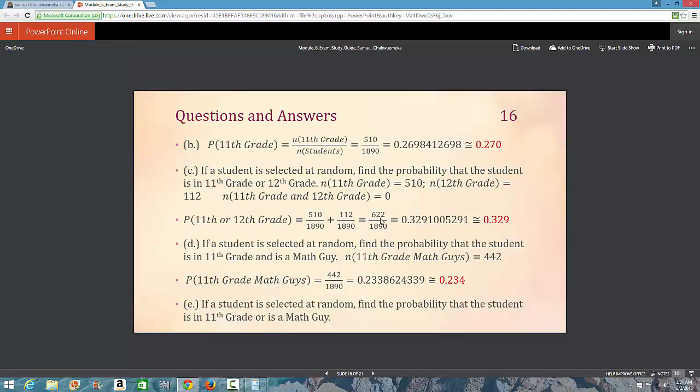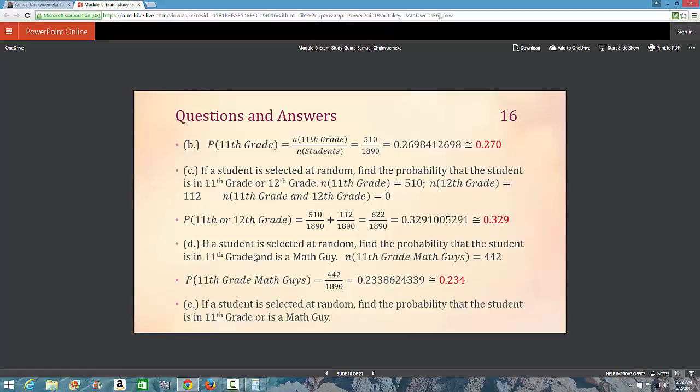Now, these are mutually exclusive events because you cannot have a student that is in both 11th grade and 12th grade. So you add it up and divide by 1890. That gives you approximately 0.329.